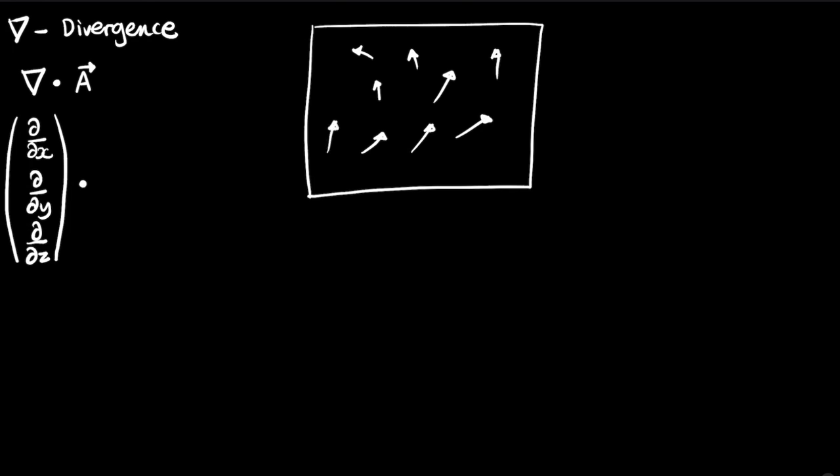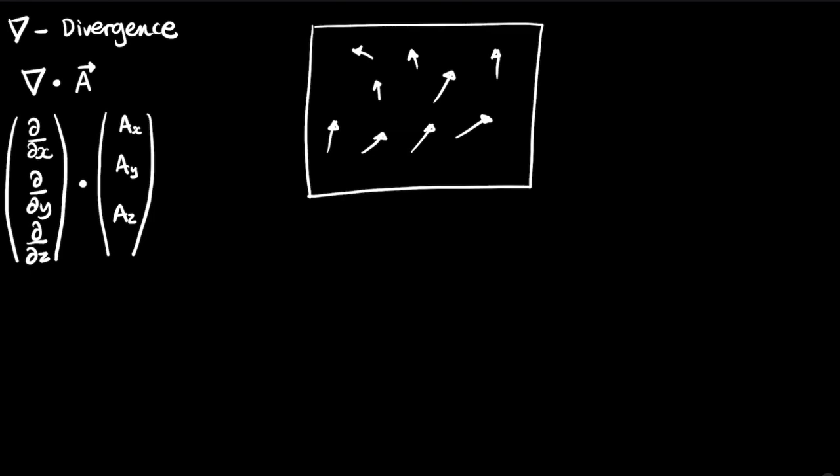So that's basically what a vector field is. It's something which has both a magnitude and a direction at all points of space. That's just your typical vector field. If you apply this to A and write out all the different components, you're going to get Ax, Ay, and Az. So that is what the divergence is.